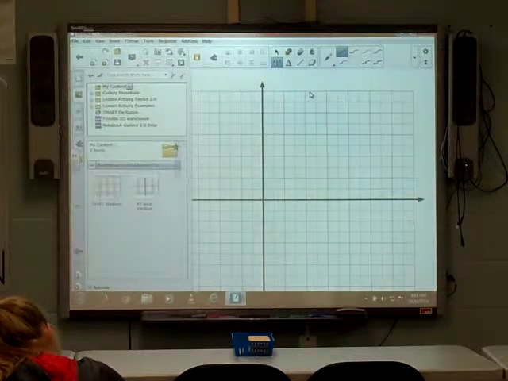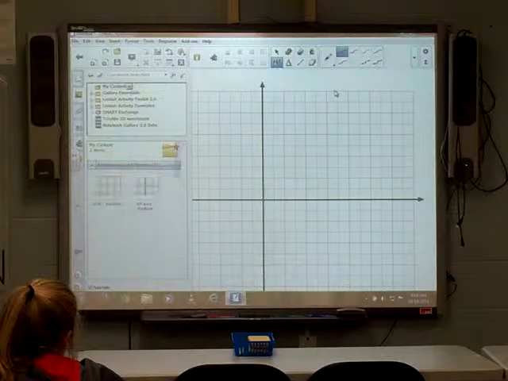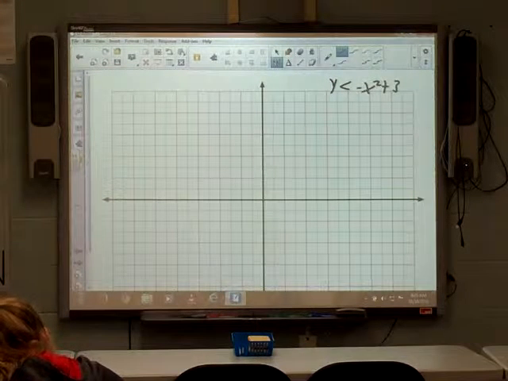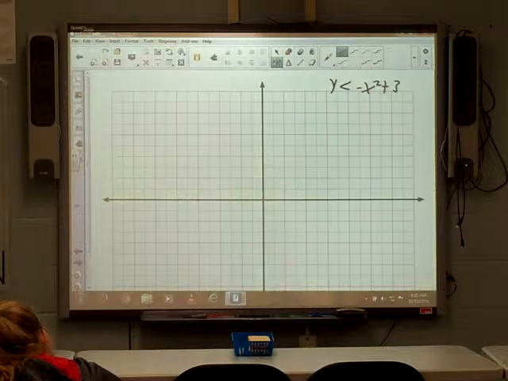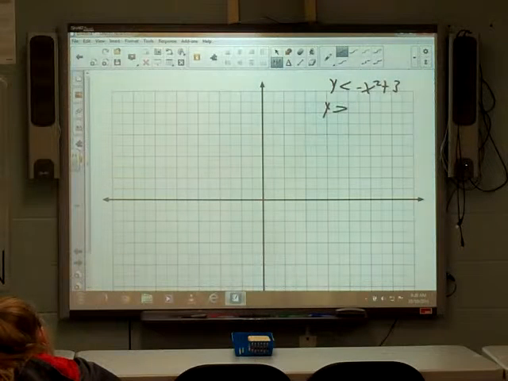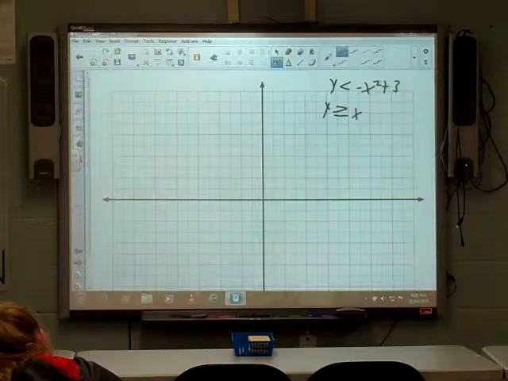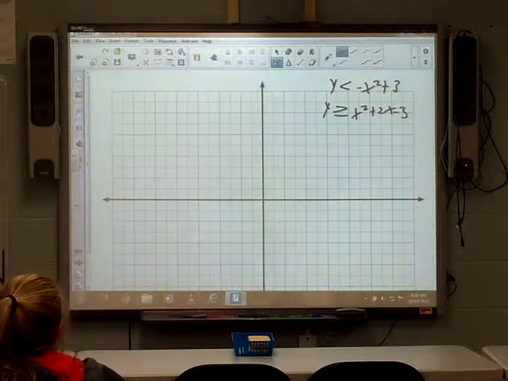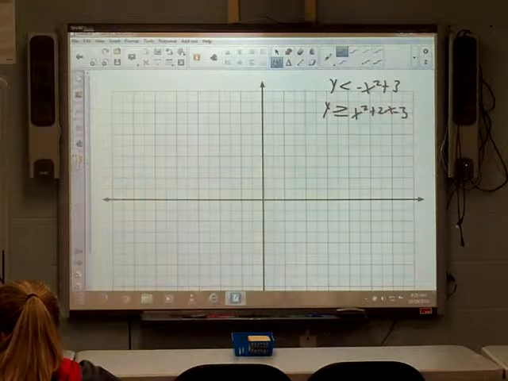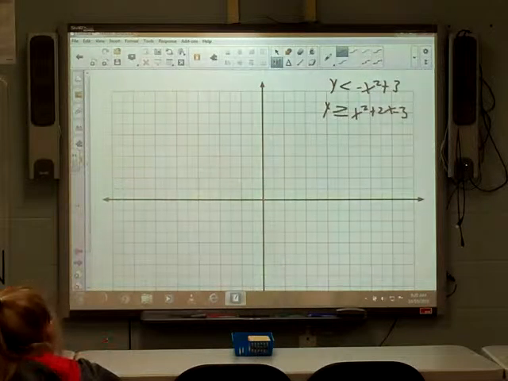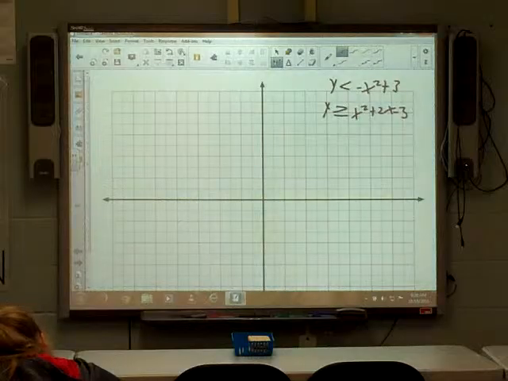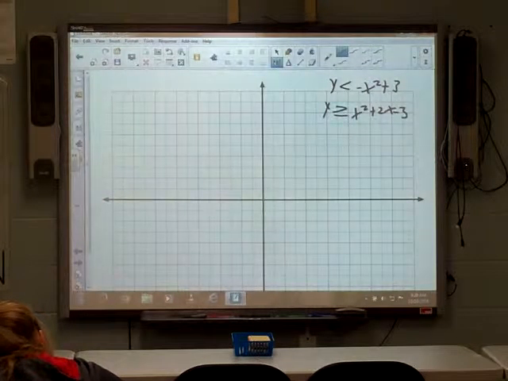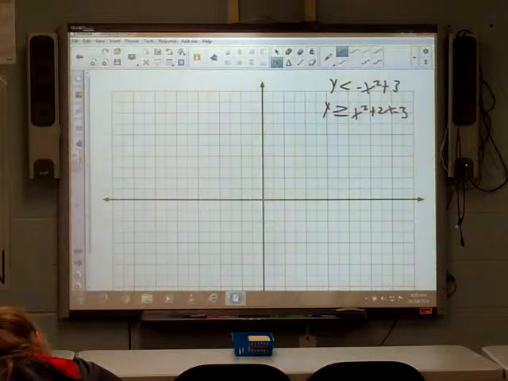Let's look at number 1, y is less than -x squared plus 3, and number 2, y is greater than or equal to x squared plus 2x minus 3. So this is a system because there's more than one. We're going to do this by graphing and look at where their shadings overlap. Don't worry, I'm going to do it algebraically in a little bit.